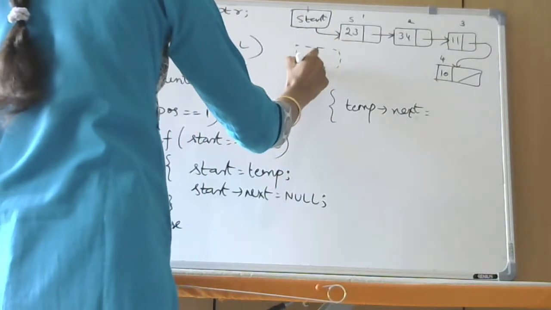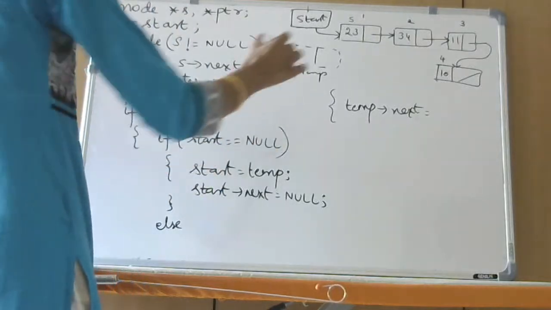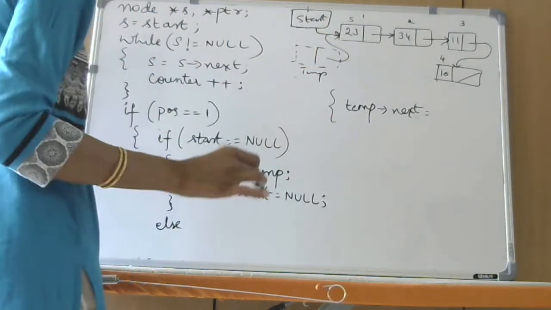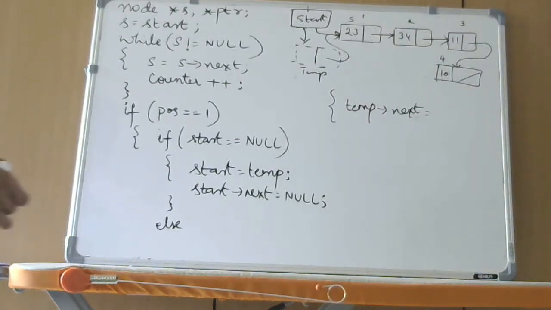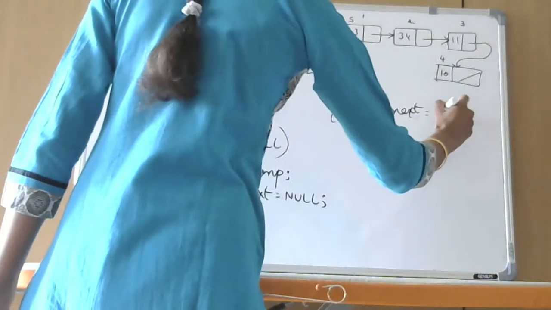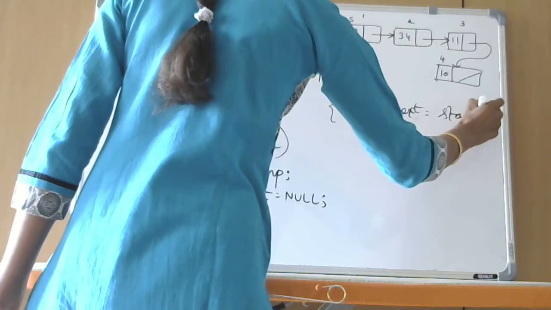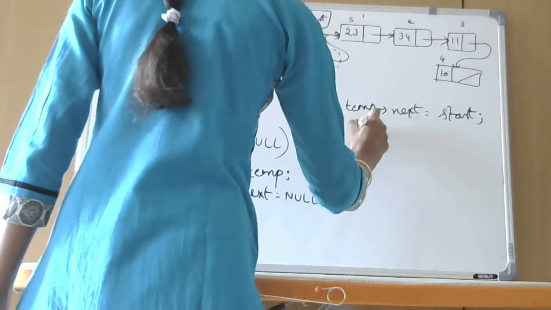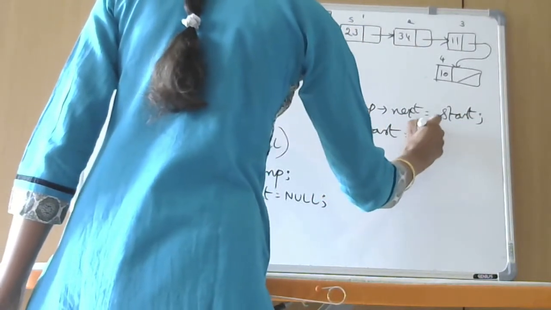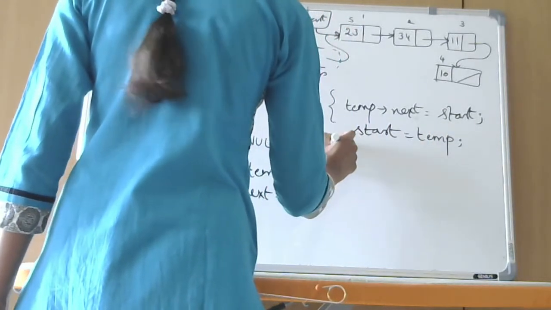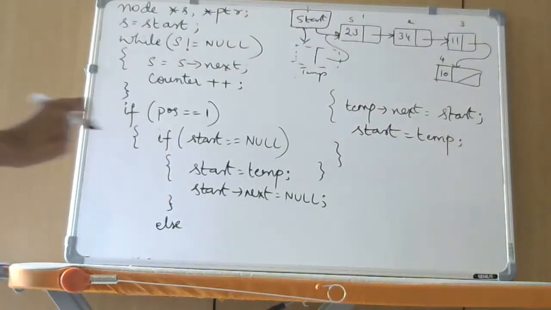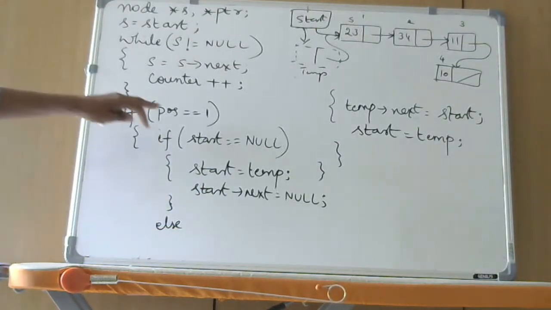This is my new node, temp. Right? Temp of next should point to start. Temp will become the new start. That is how we should implement. Temp of next is equal to start. Start is equal to temp.